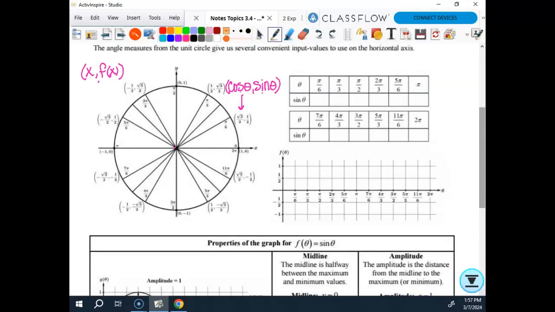We are going to split the unit circle and unroll it so that instead of having cosine and sine as my x and y values, my x value is going to be theta, my y value is going to be sine of theta. And when we do that, cosine is nowhere around. So we're going to have an input-output situation like we're used to. My input is theta, my output is sine of theta. Okay? We okay with that?